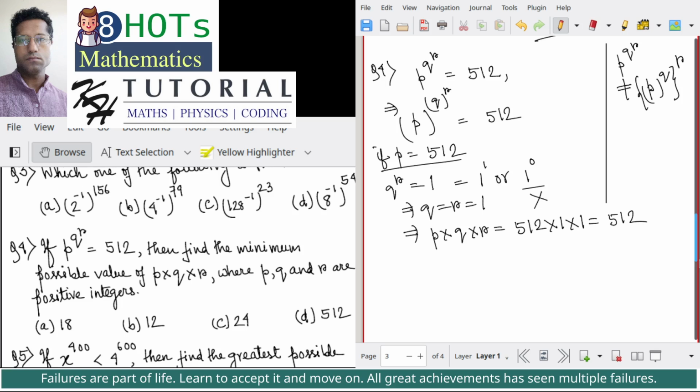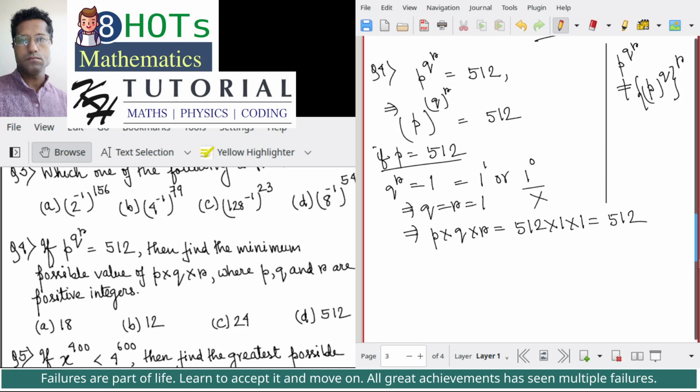Instead of actually finding all the possible values of p, q, and r, so that p raised to the power q raised to the power r will be 512, that might take some time. You could be very fast in doing that, but I think it will take time for me. I'm just wondering if there is any other better way.